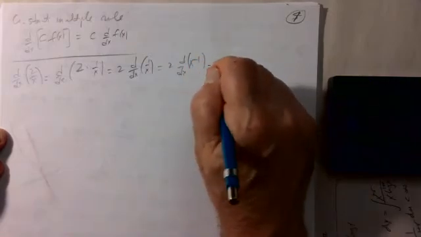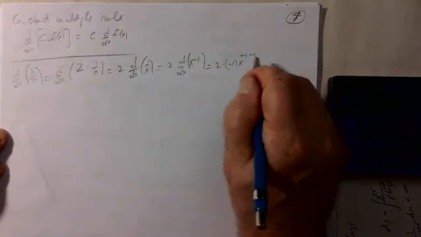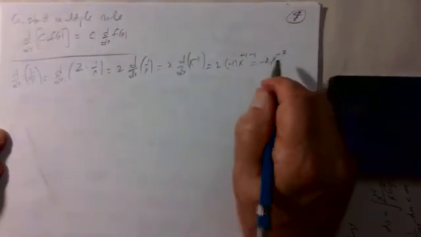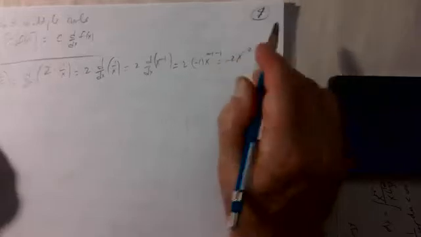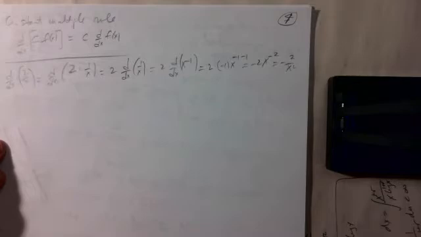So by the power rule, this is 2 times minus 1 x to the minus 1 minus 1, or minus 2x to the minus 2, or if you like, you can write that as minus 2 over x squared. So that's an example of the constant multiple rule.